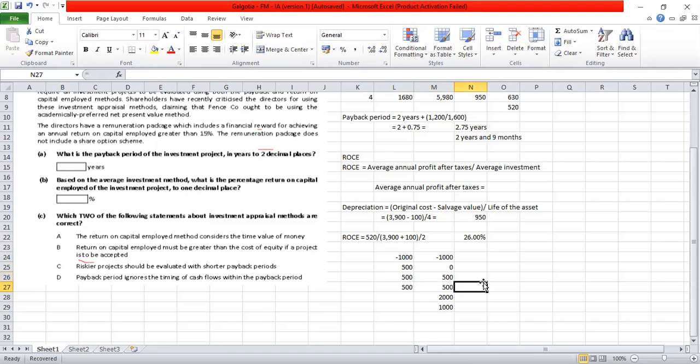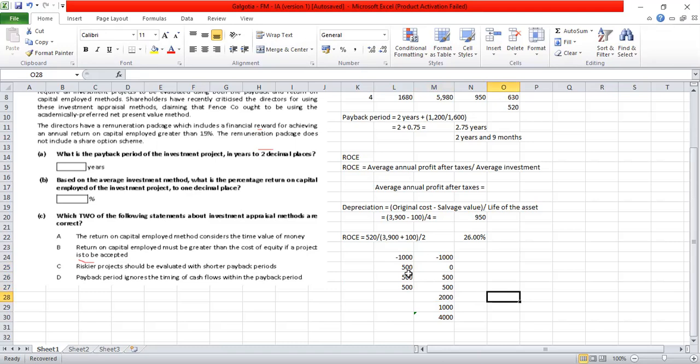But the overall profits earned from project B are much higher than the profits from the first project. Because the profits are earned at a later stage in the life of the investment proposal, that part is not considered at all for the decision whether or not to accept it. So that becomes a disadvantage of payback period.